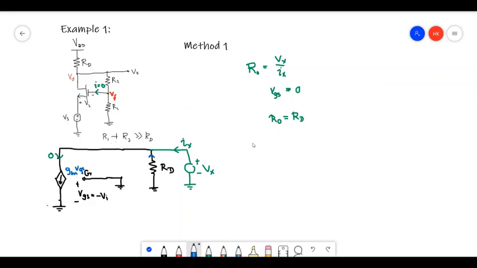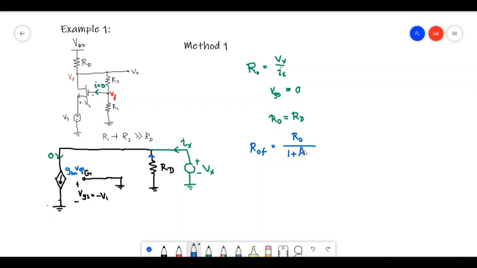Okay, so now using this we can find an expression for the output resistance of the closed loop system. So ROF is equal to R out divided by 1 plus A beta.